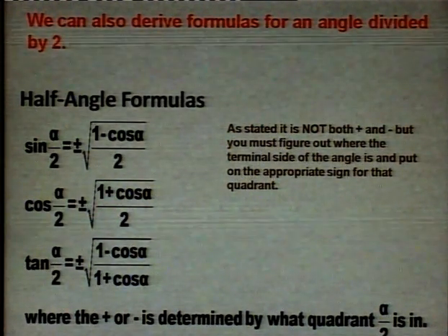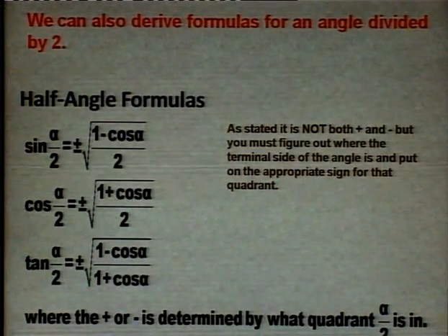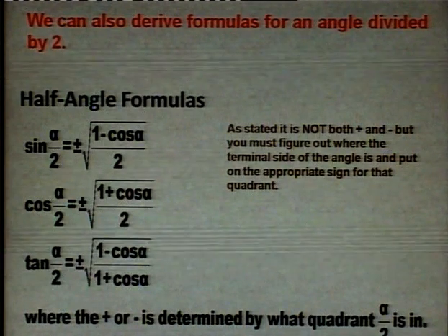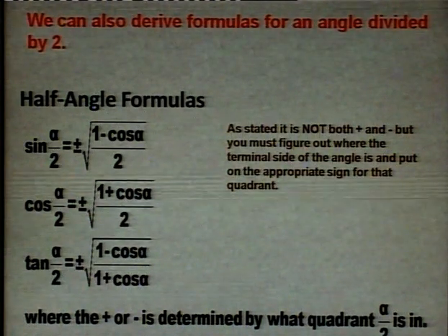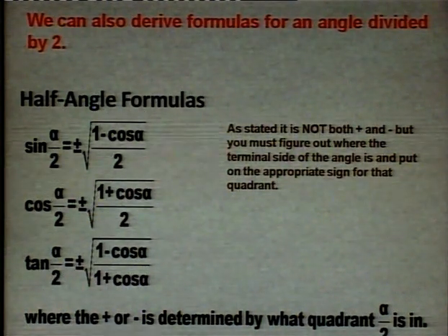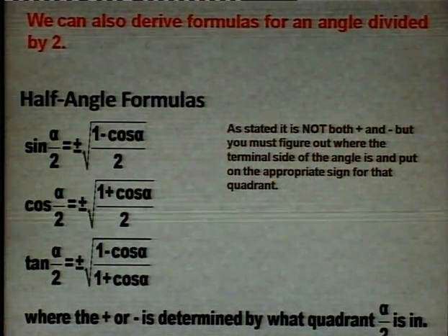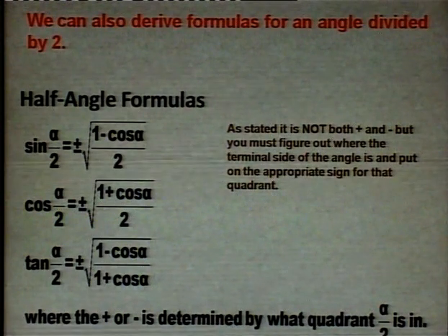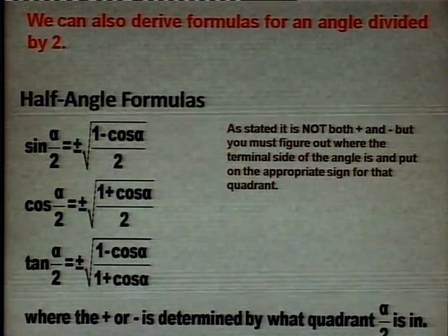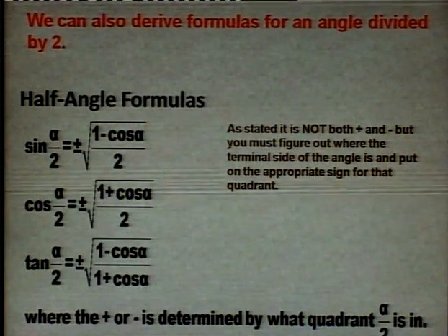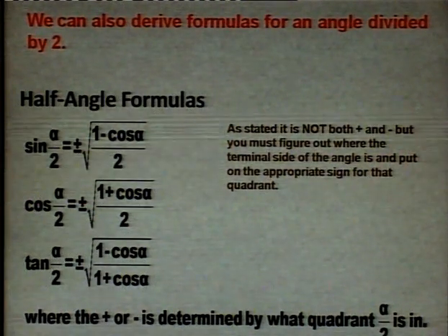Well, in the first quadrant all are positive, in the second sine is positive, in the third tangent is positive, and in the fourth your cosine is positive. So, you have to be very careful, because either plus or minus is to be taken depending upon the quadrant in which your alpha by 2 is lying.